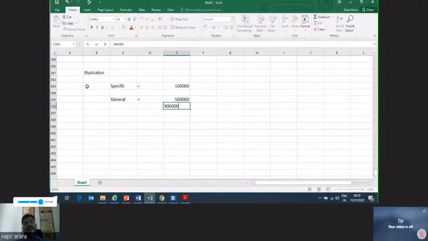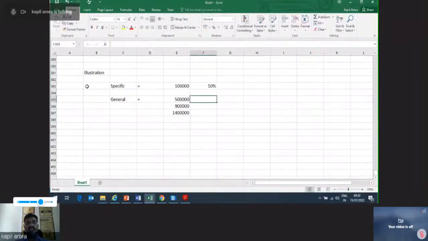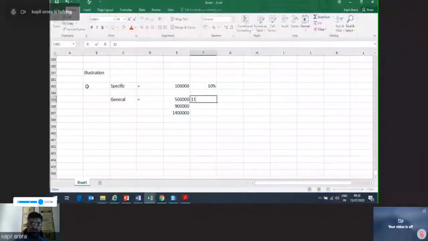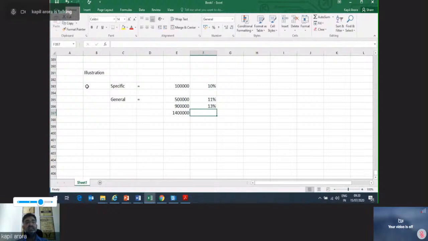So total 14 lakh. The interest rate here is 10%. The interest rate here is 11% and 13%.